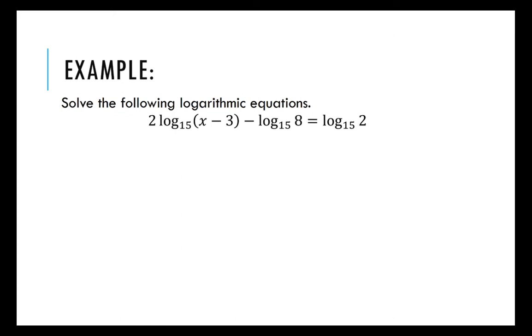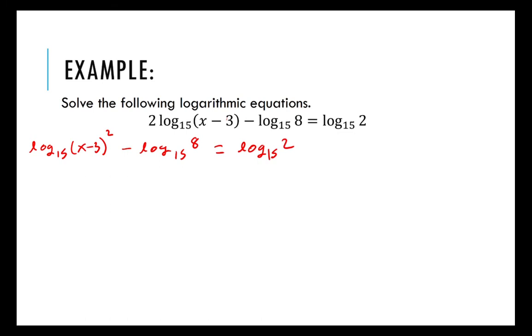Here we have 2 times log base 15 of x minus 3, minus log base 15 of 8, equal to log base 15 of 2. Since I have this 2 on the outside, I can make it a power. That's going to be log base 15 of x minus 3 squared, minus log base 15 of 8, is equal to log base 15 of 2.